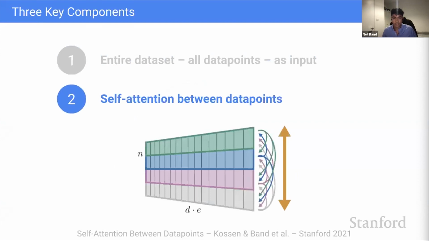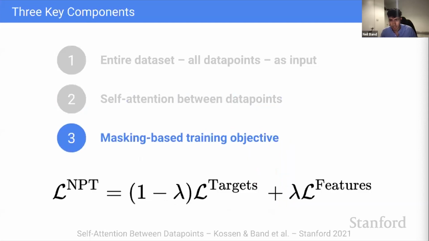We apply self-attention between data points. For example, at test time, we model relationships amongst training points, amongst test points, and between the two sets. And then finally, we have this masking-based training objective. It's a BERT-like stochastic masking, and the key point is that we use it on both features as well as on training targets. We'll get into why that leads to an interesting predictive mechanism later.